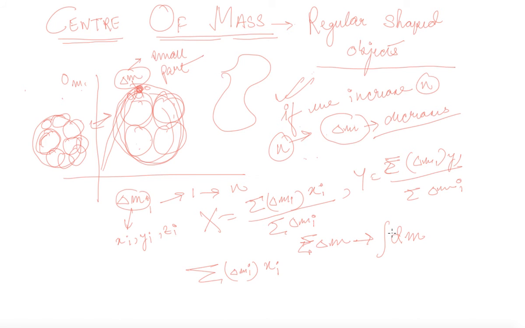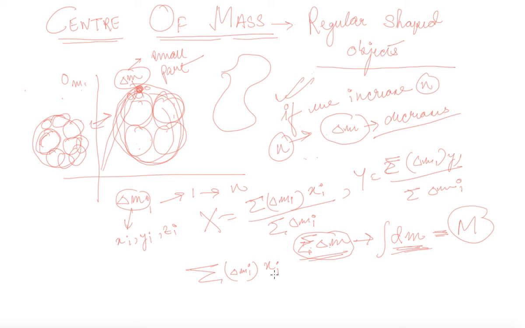The sum of all the particles can be written as the integration of dm, where dm becomes very small, which is equal to the whole mass M. So the integration becomes M.